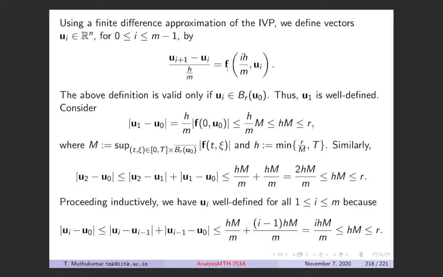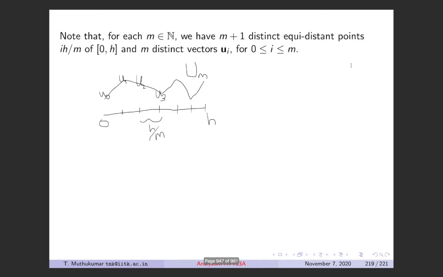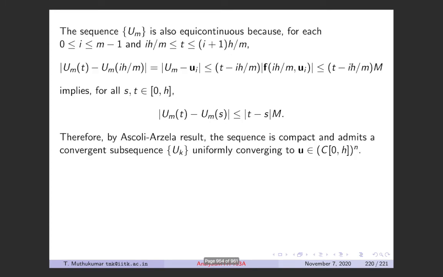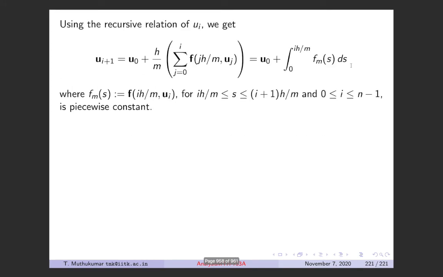So you will now have a sum of terms, finally ending with u_0. You start with u_{i+1}, replace u_i in terms of u_{i-1}, u_{i-1} in terms of u_{i-2}, and so on. Then you will have a sum of terms with the last term being u_0. That's what I'm doing here, so you can write u_{i+1} as u_0 plus a sum of some terms.